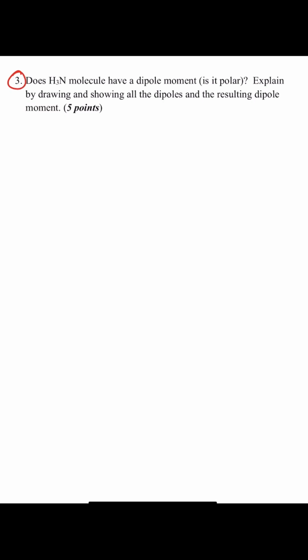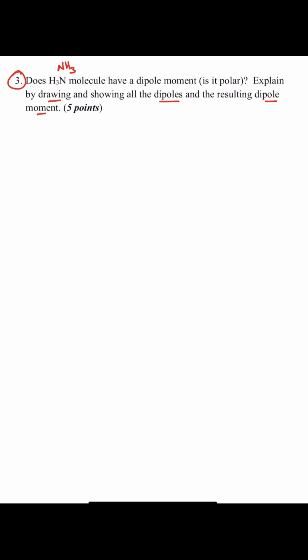Question 3. It says, does the H3N, that's basically NH3, which is the ammonia molecule, have a dipole moment? Is it polar? Explain by drawing and showing all the dipoles and the resulting dipole moment.